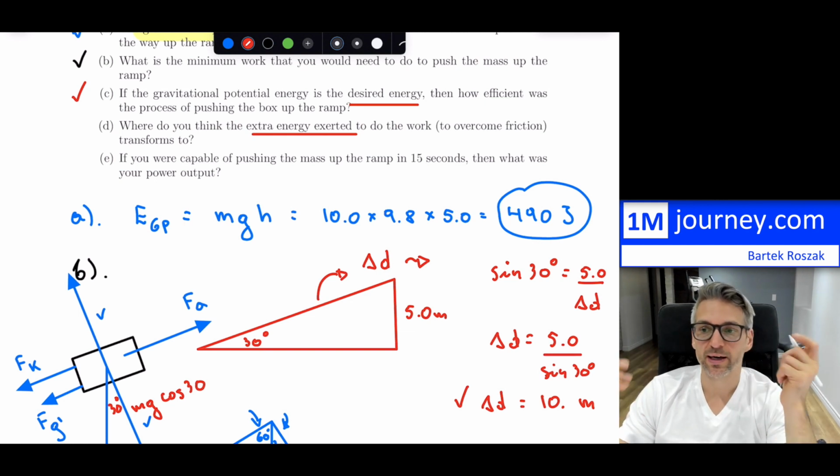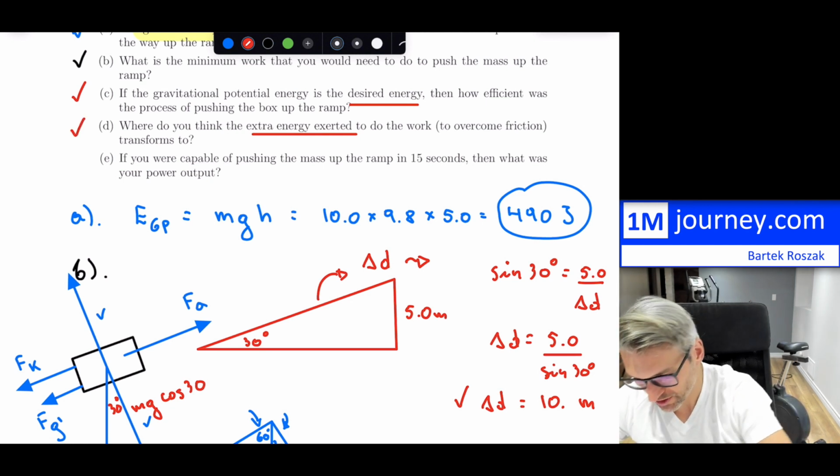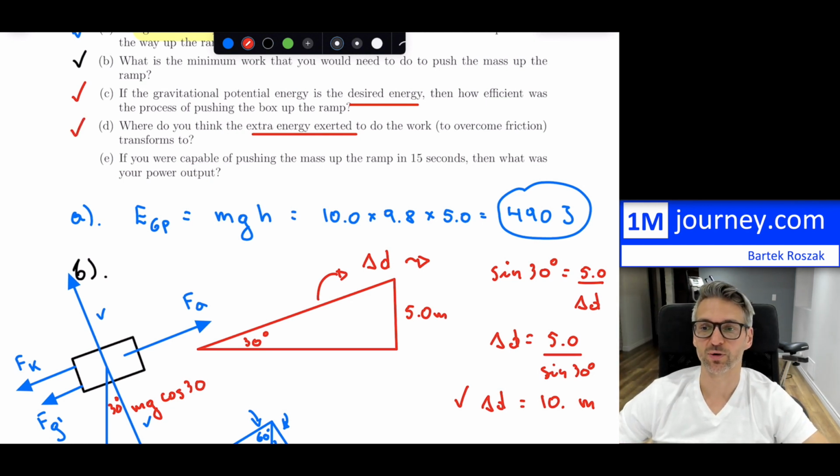But the other 30% most likely is going to get dissipated or transformed to thermal energy. That's what friction mostly does. That's why you see things heating up, because thermal energy has to do with increasing temperatures. So the answer would have been primarily thermal energy.